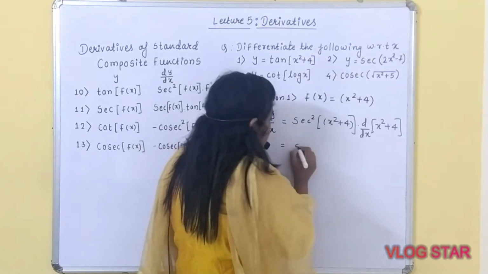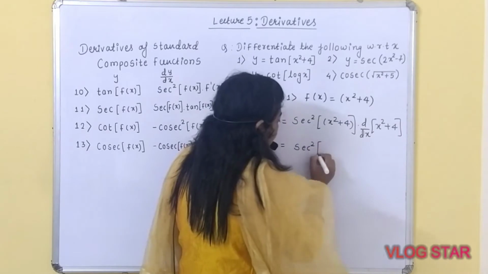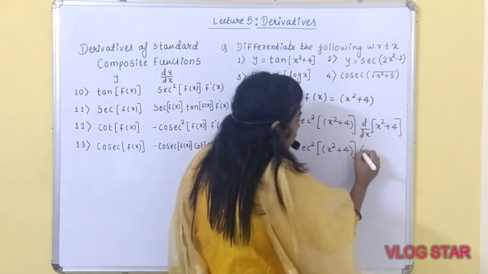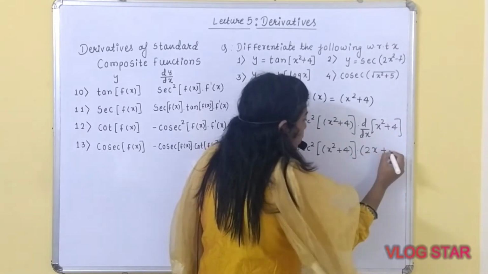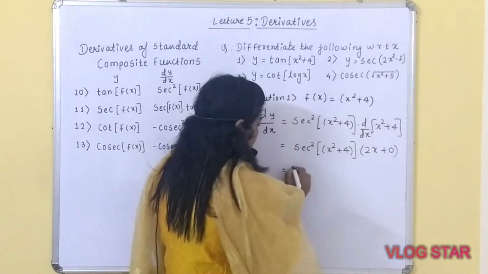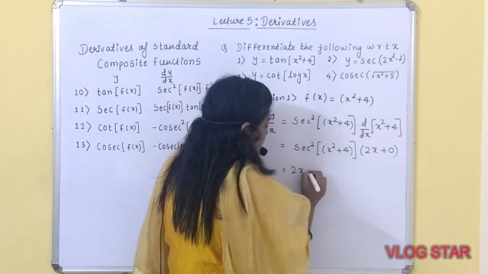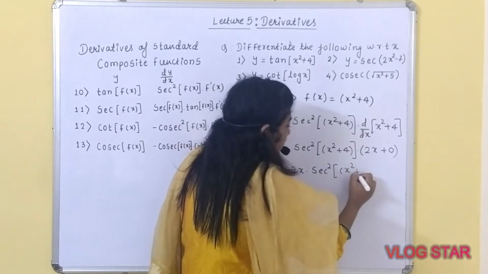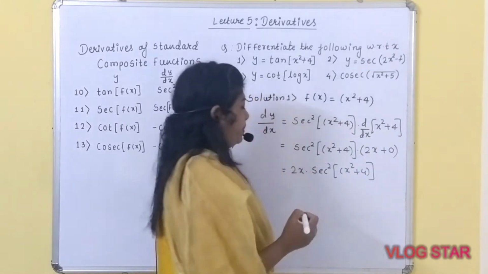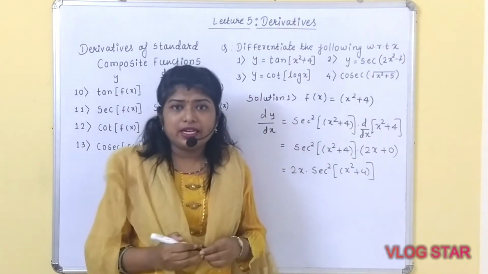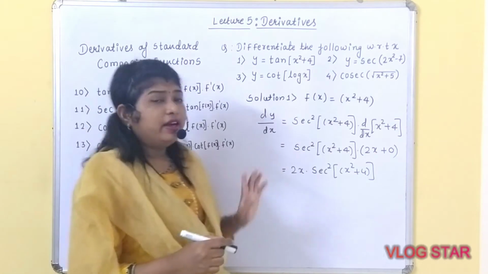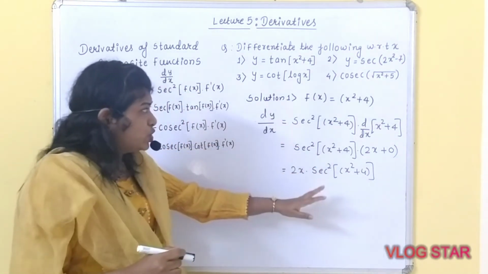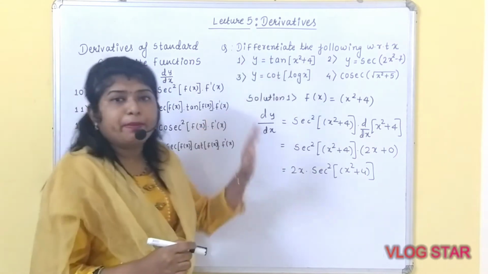So the final answer is sec square of the bracket x square plus 4 into 2x plus 0. We can write it as 2x into sec square of the bracket x square plus 4. This is your final answer after taking the derivative with respect to x. I hope you have understood the solution for example number 1.